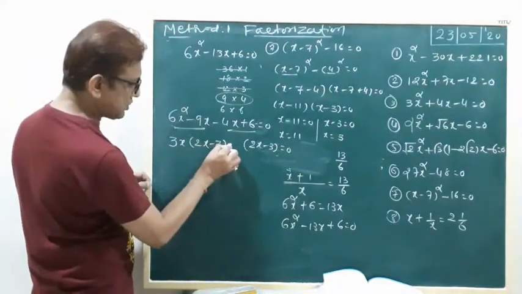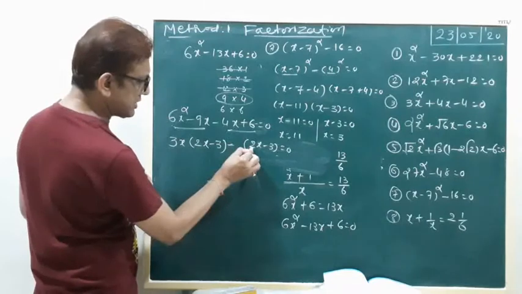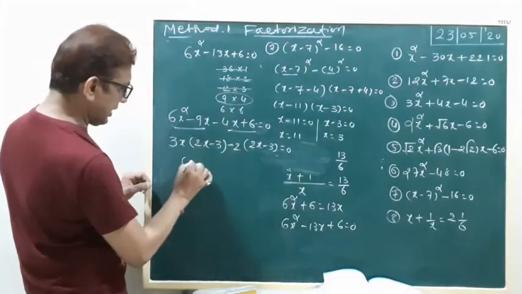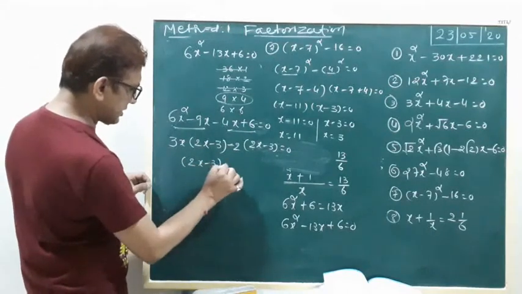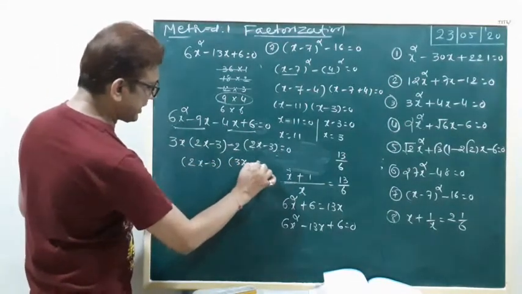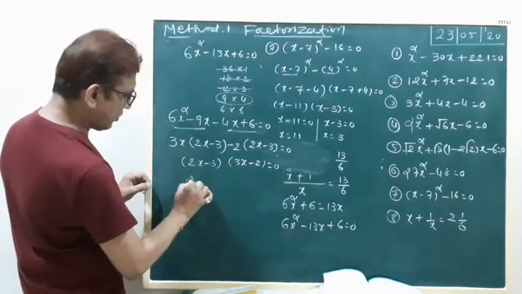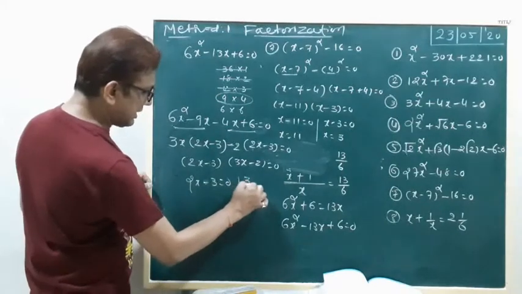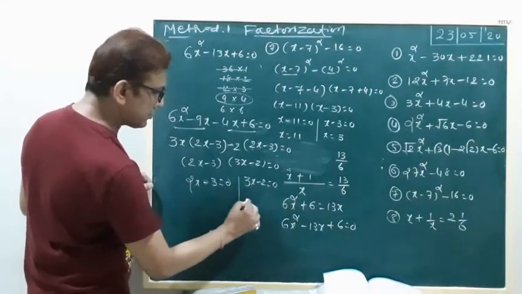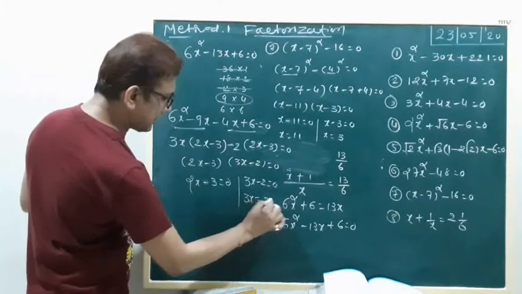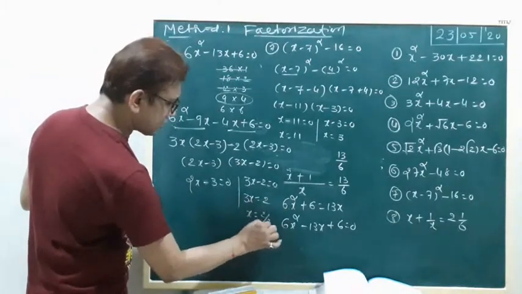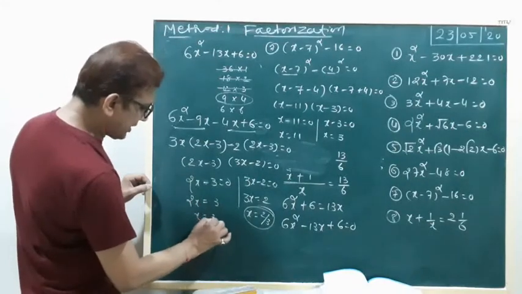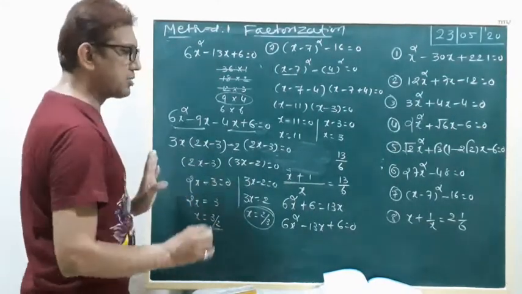Here a negative sign, so negative: 2 2s are 4, 2 in the bracket. So 2x minus 3 and 3x minus 2 equal to 0. So 2x minus 3 equal to 0 and 3x minus 2 equal to 0. Here 3x equal to 2, so the answer is 2 by 3. And here 2x equal to 3, so the answer is x equal to 3 by 2.